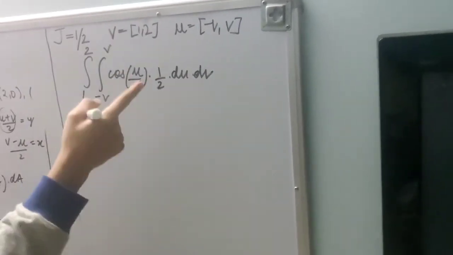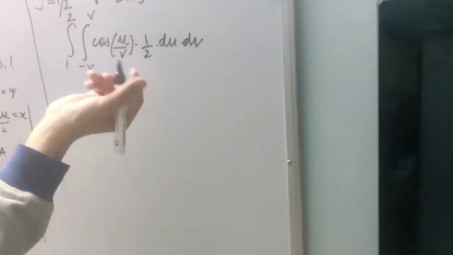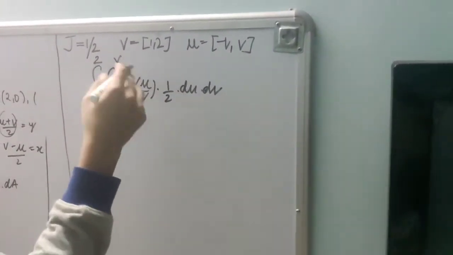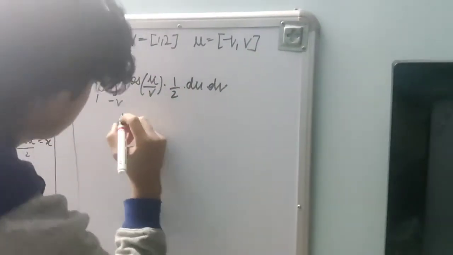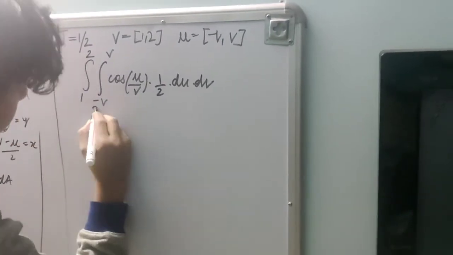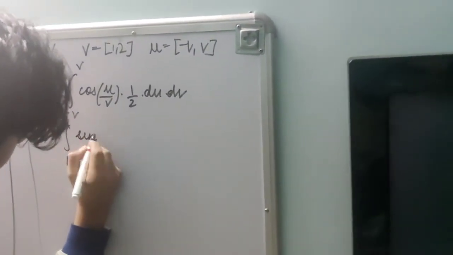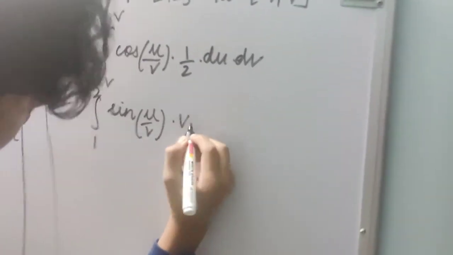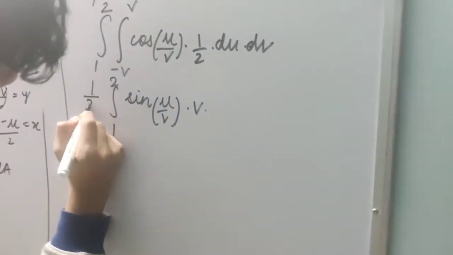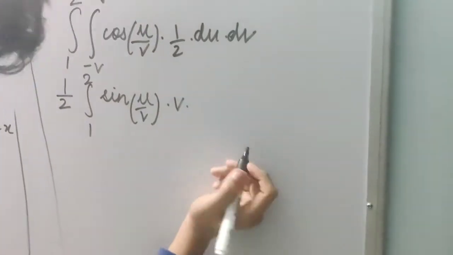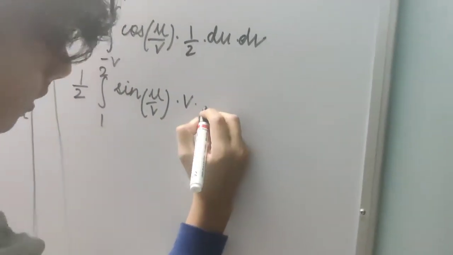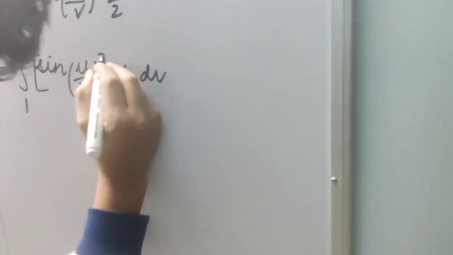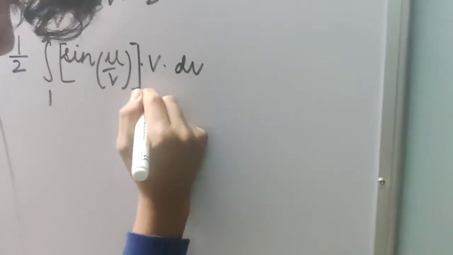First we are integrating in terms of u, and v is considered as a constant, so it's a simple integration of cos u, which is nothing but sine u, multiplied by v. Since v is a constant, we can multiply it here. We can take half outside since it's a constant, times dv. This goes from minus v to v.